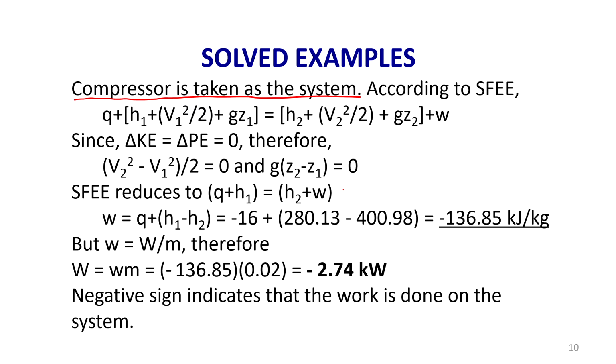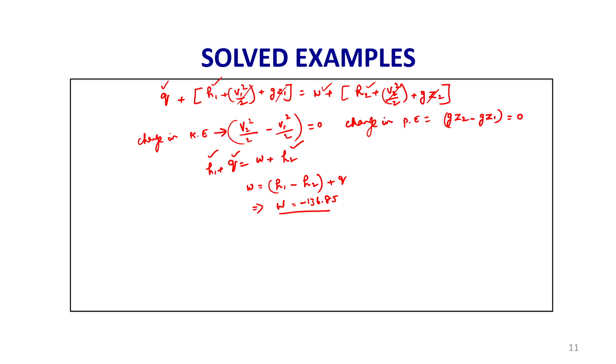See, everything is in kilojoule per kg, because small w is equal to capital W by m. Similarly, small q is equal to capital Q by m. So, this is in kilojoule and this is in kg, so it is kilojoule per kg. Work quantity divided by mass, similarly heat quantity divided by mass.